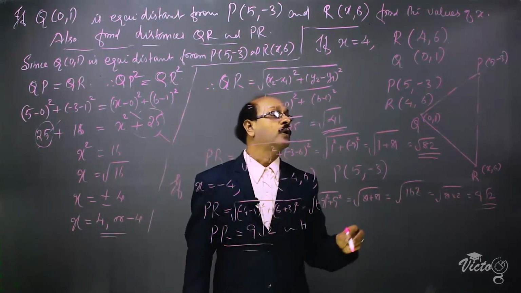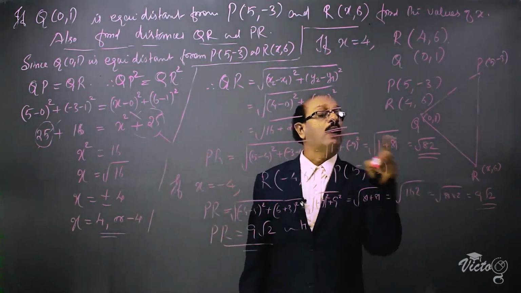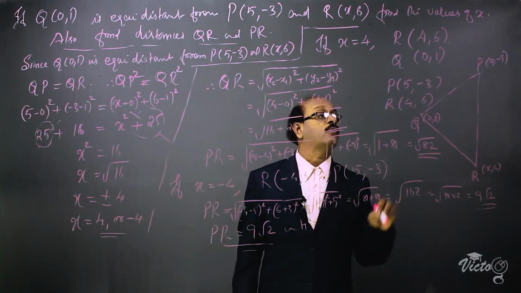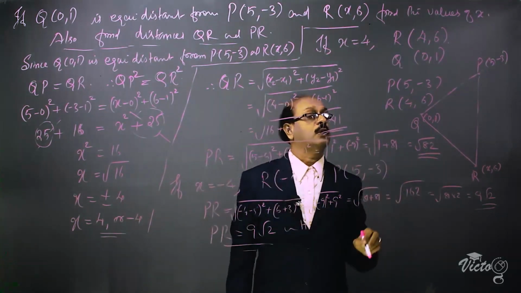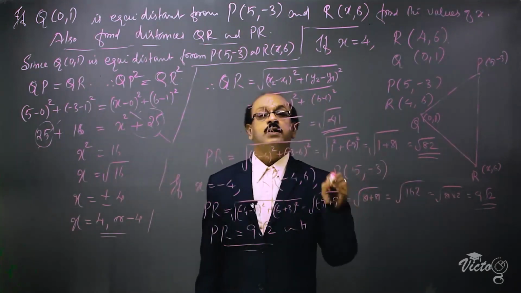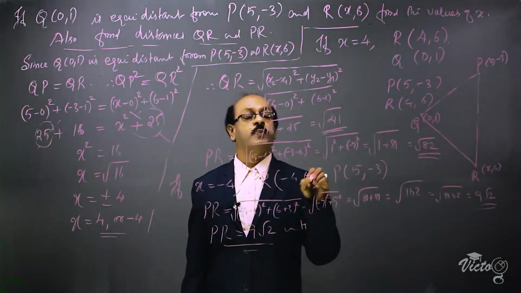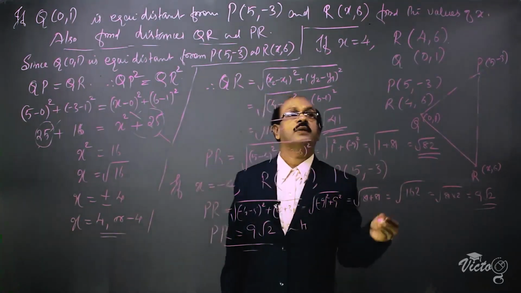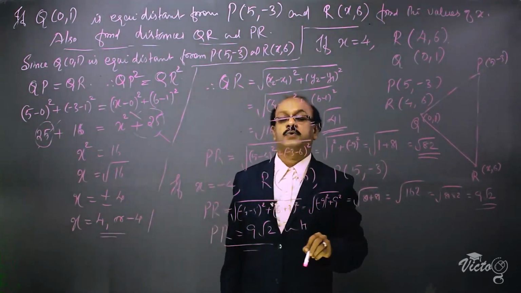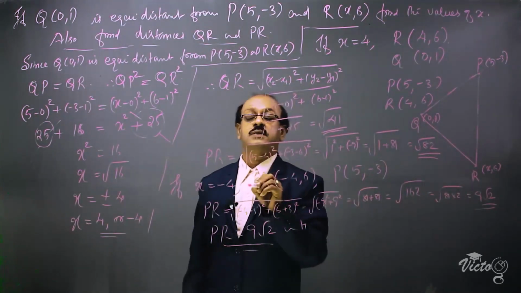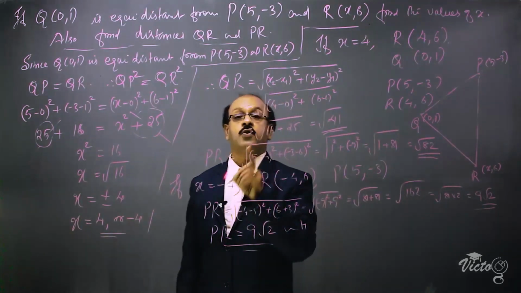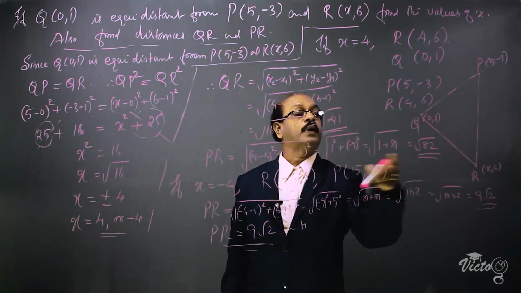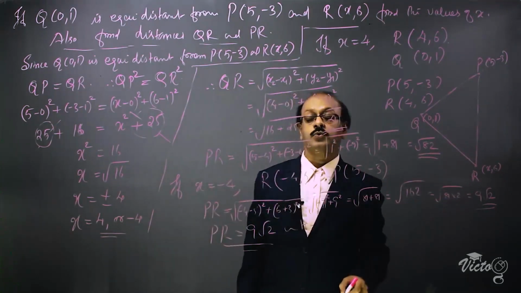If x is -4, the value of QR will be the same, because 0 minus 4 is -4 and 0 plus 4 is 4, and the square of -4 is also 16, the same as the square of 4. So QR is the same for x equal to 4 or -4, but the value of PR changes. We get two values for PR: one is root 82 and the second is 9 root 2.